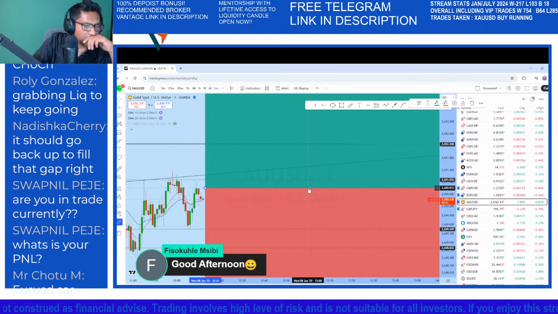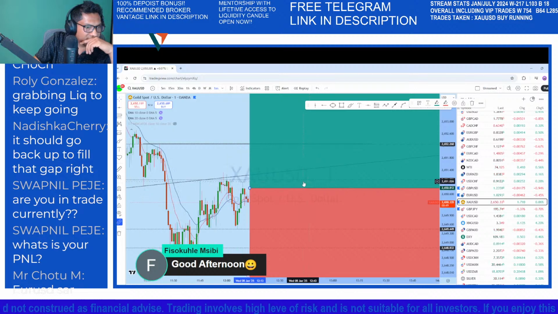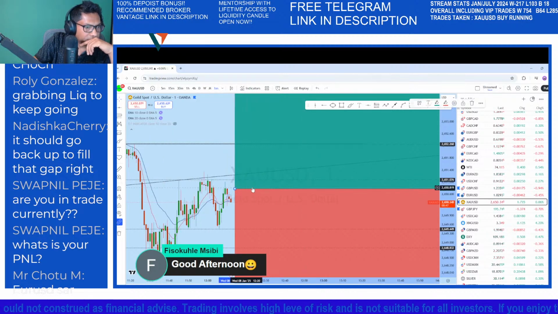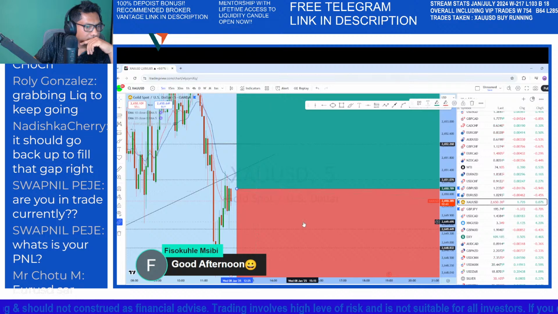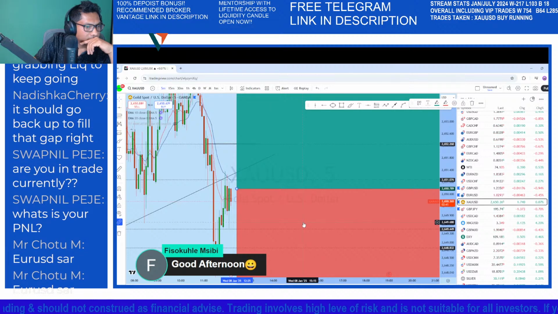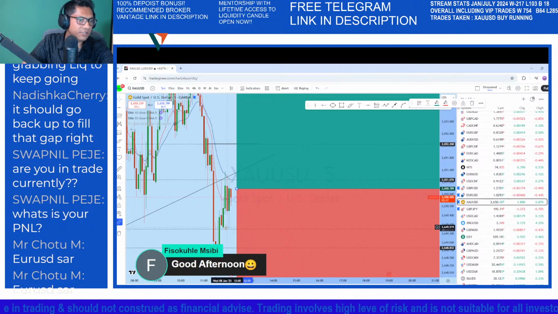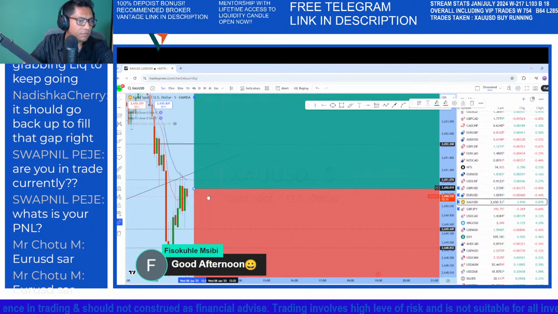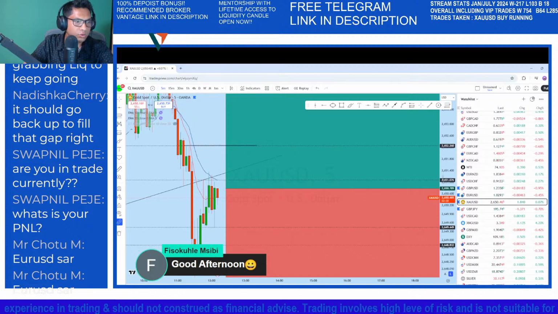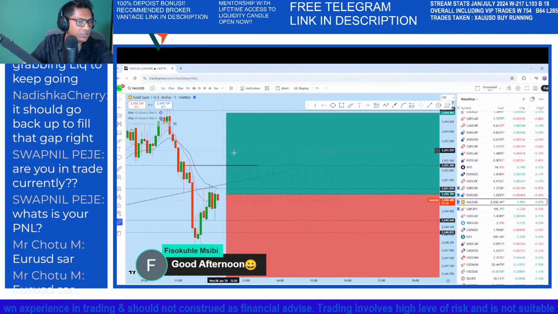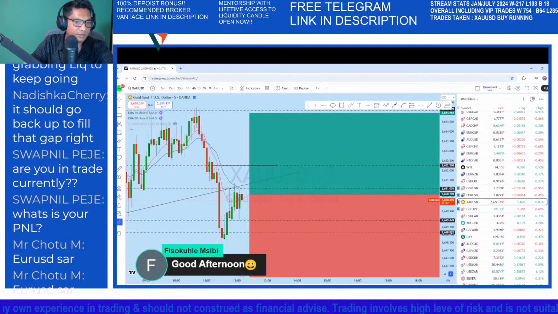Now the bias, what we need here, you can see, forming a higher low and then to reject in that direction, which is the essential part.